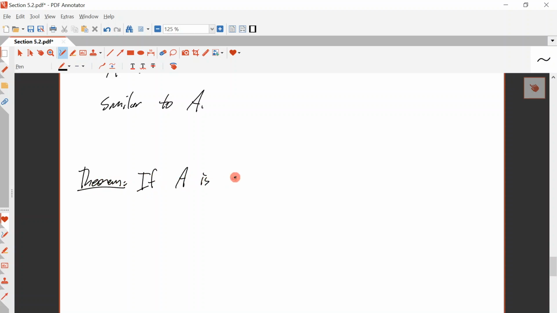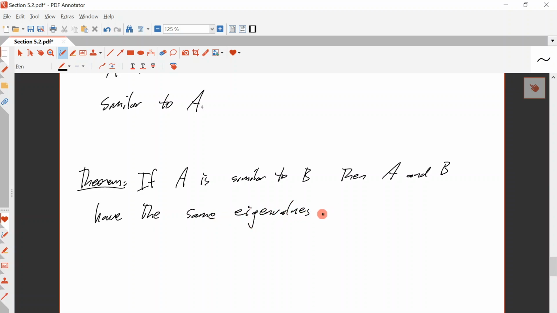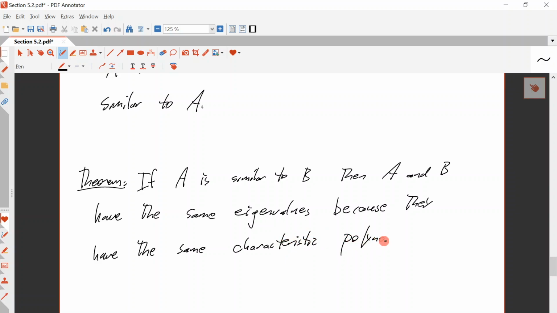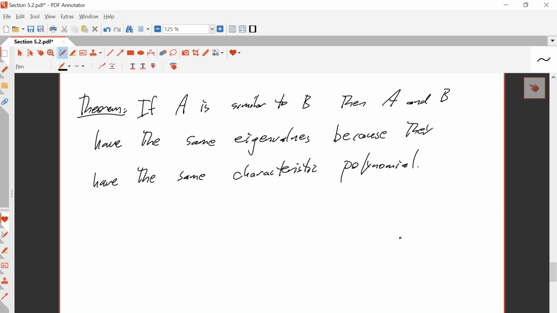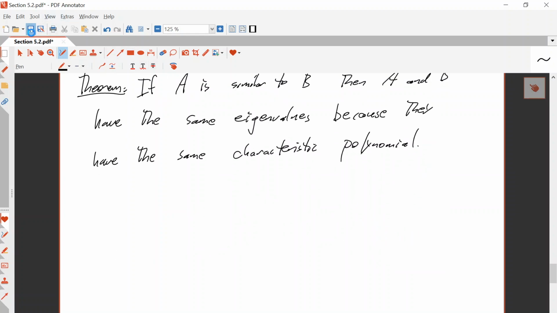If A is similar to B, then A and B have the same eigenvalues because they have the same characteristic polynomial. Okay, so the proof of that is as follows.